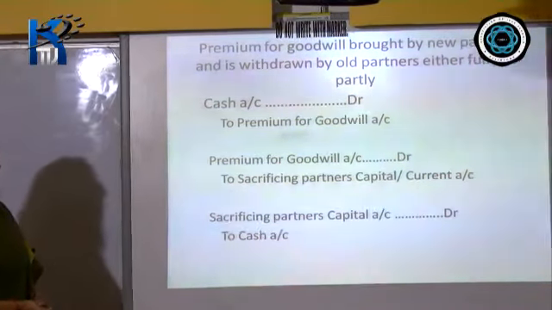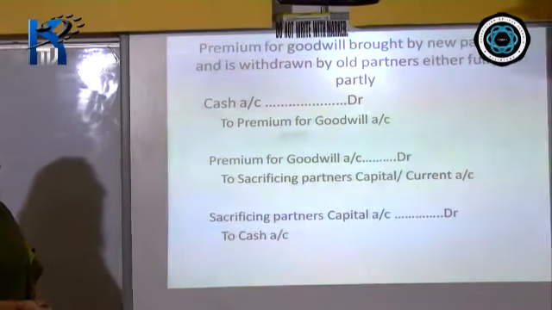Now calculate the net worth of the firm by adding the adjusted capital of the old partners and the capital of the new partner. Now let us see what the capitals are. A's capital was 1 lakh, B's capital was 50,000 and C's capital was 1 lakh. So the total comes out to be 2,50,000.